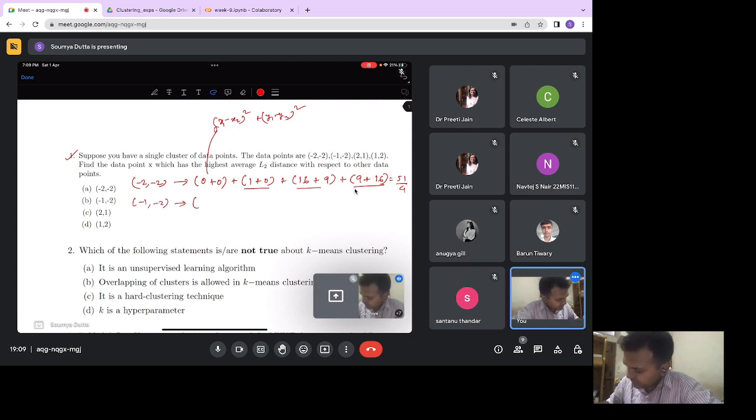Let's consider the point -1, -2. So the distance with respect to -2, -2 would be 1 plus 0. Again, this is x1 minus x2 whole square plus y1 minus y2 whole square. If you have any issues, you can stop and ask me. Right, so the second point would be 0 plus 0.